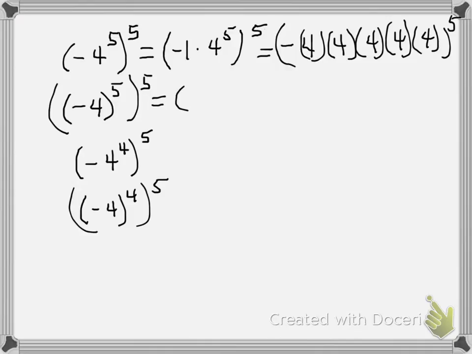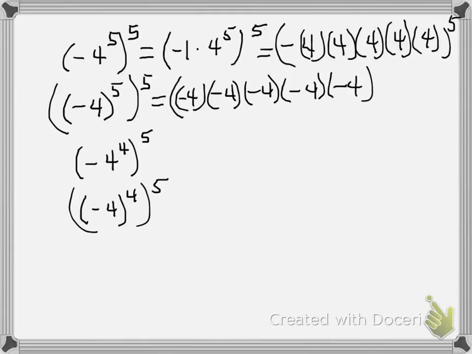So it is negative 4 as a factor 5 times. Now, because 5 is an odd number, the answer is going to be the same either way I write it, because an odd number of negatives will be negative, and then that's raised to the 5th power, which remains negative.